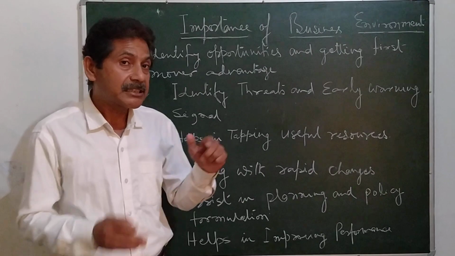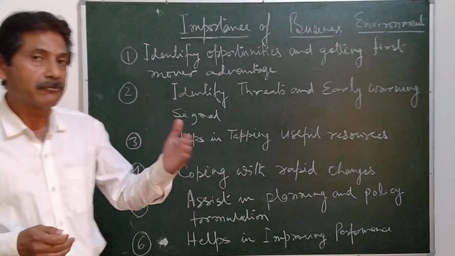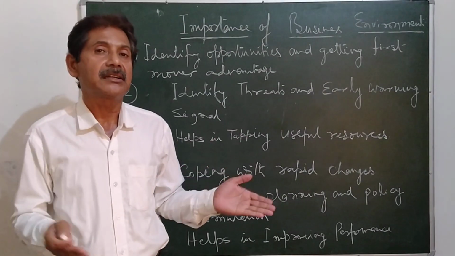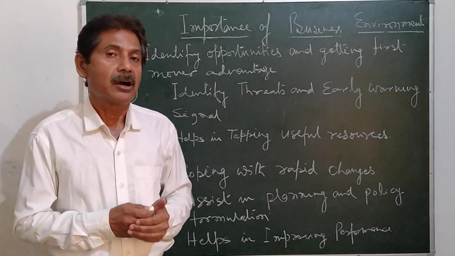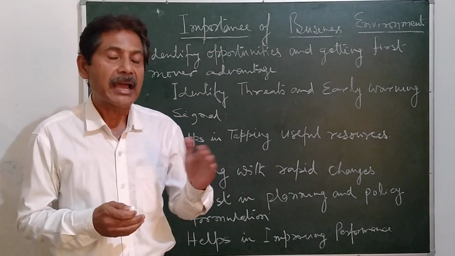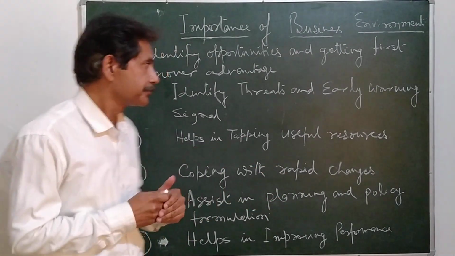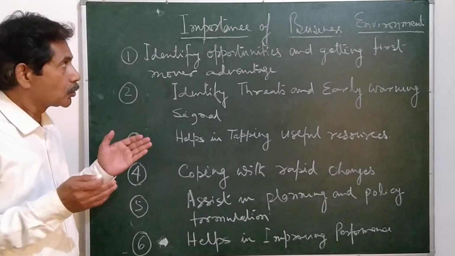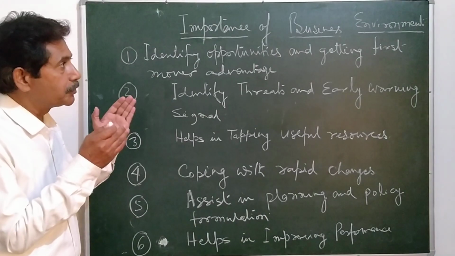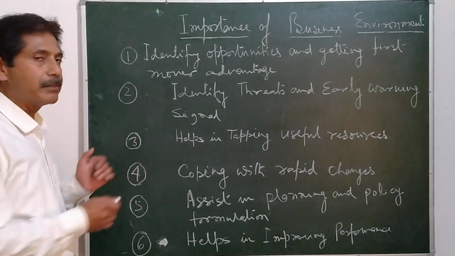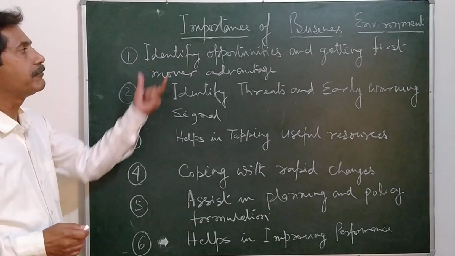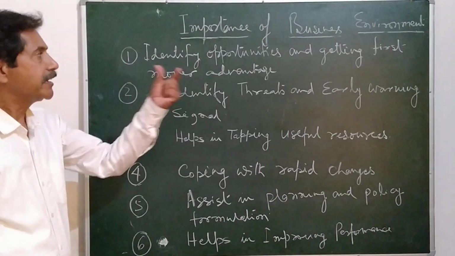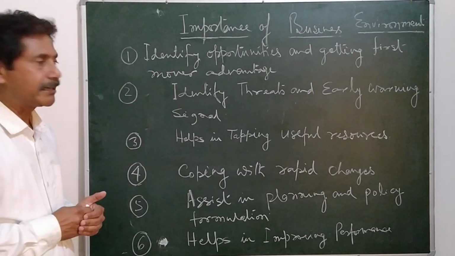So this is the first mover advantage. If you come first, then you can get the maximum share of the market as far as the product is concerned. So the importance of business environment means business environment helps in identifying opportunities and getting first mover advantage.